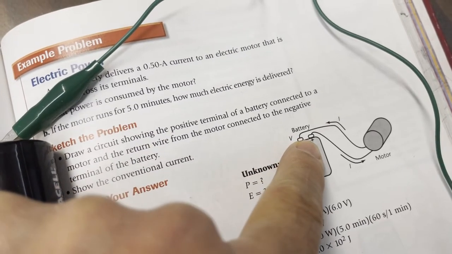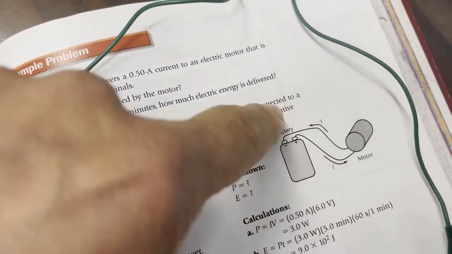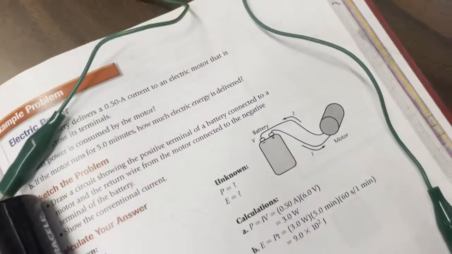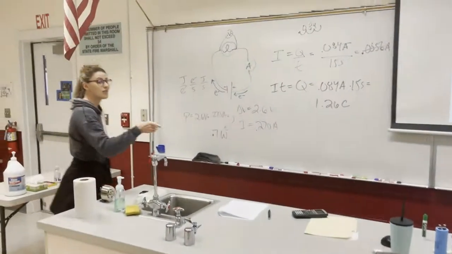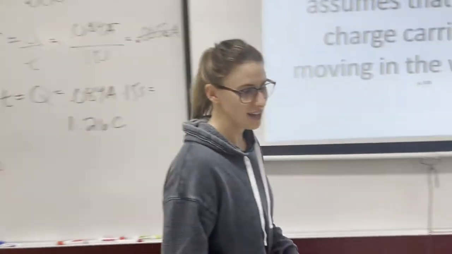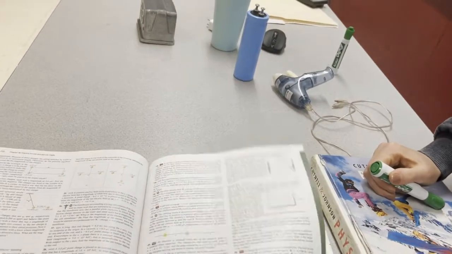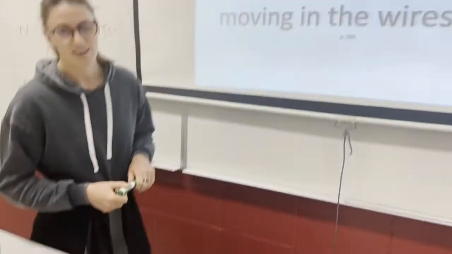A positive thing is repelled from the positive and attracted to the negative. So in textbooks, you will find conventional current.